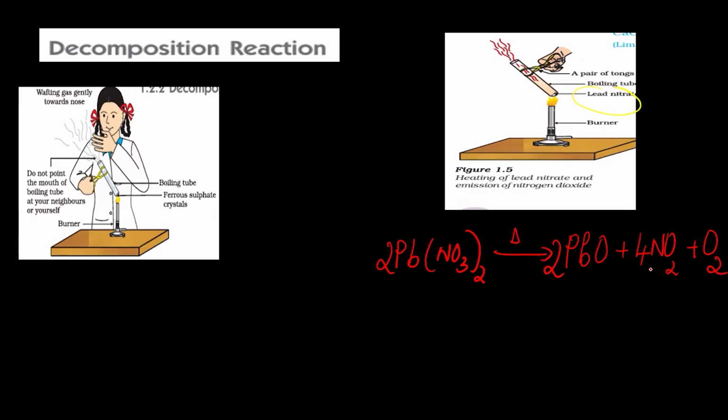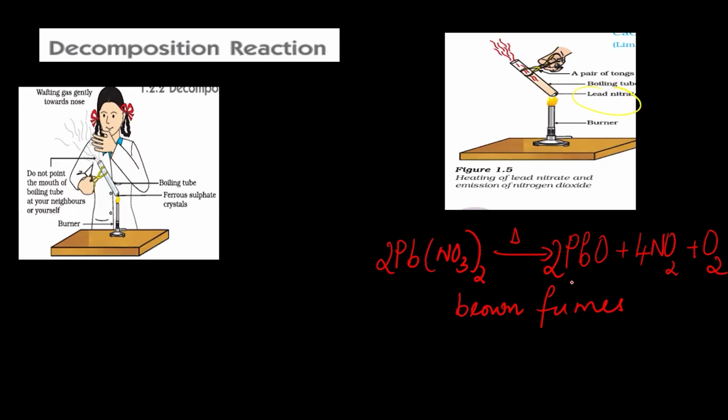What is the observation? You will observe nitrogen dioxide, brown fumes, here. And what is the color of this PbO? Anybody knows?